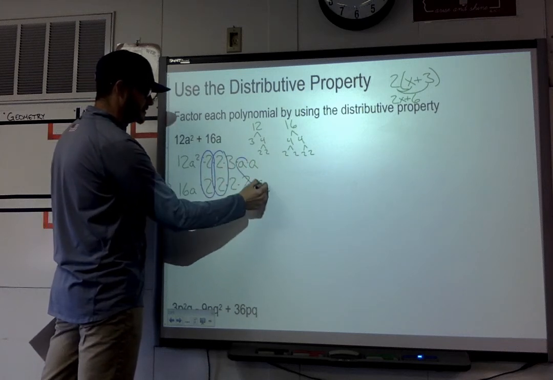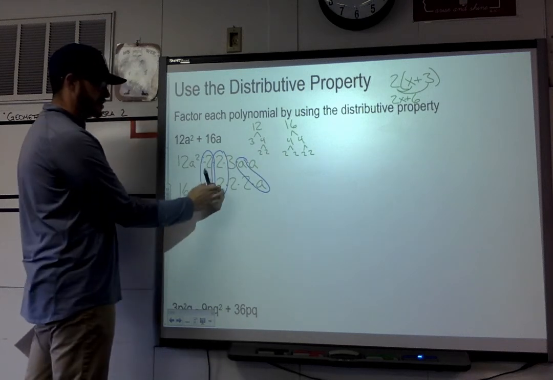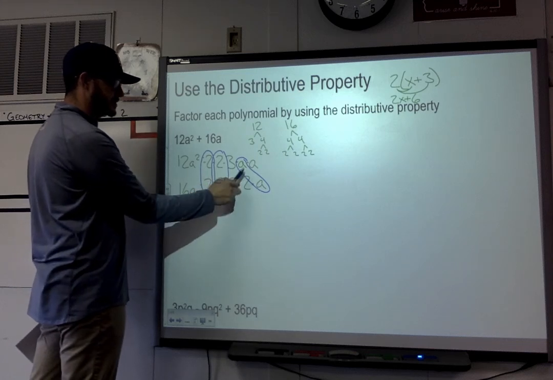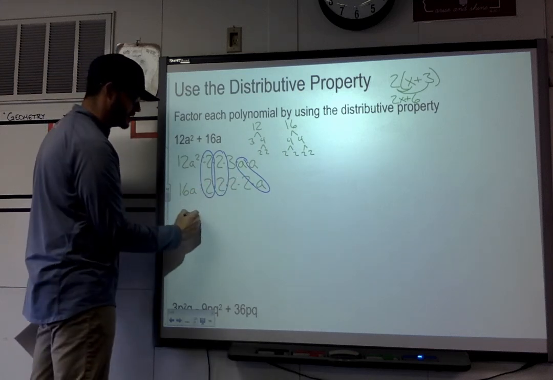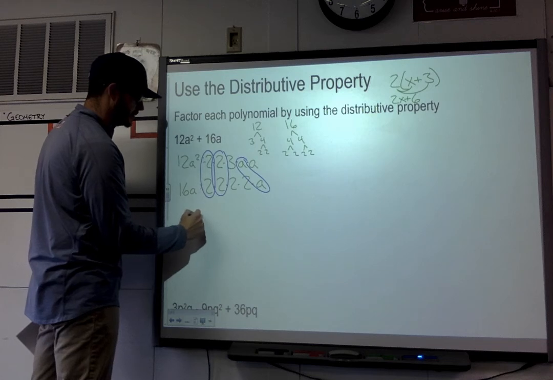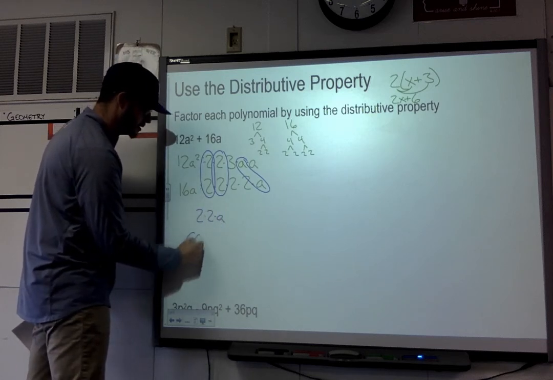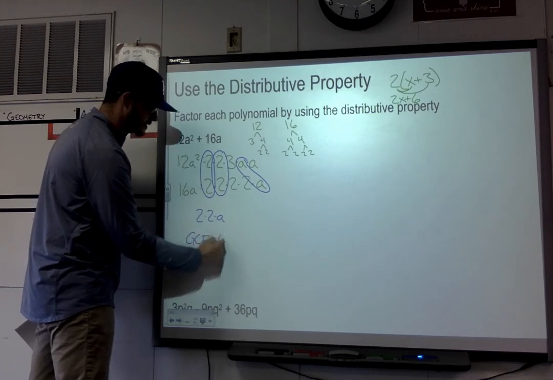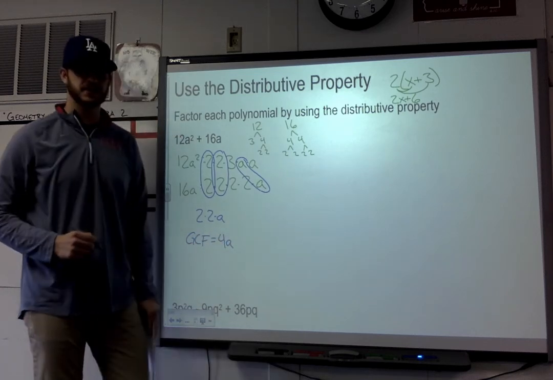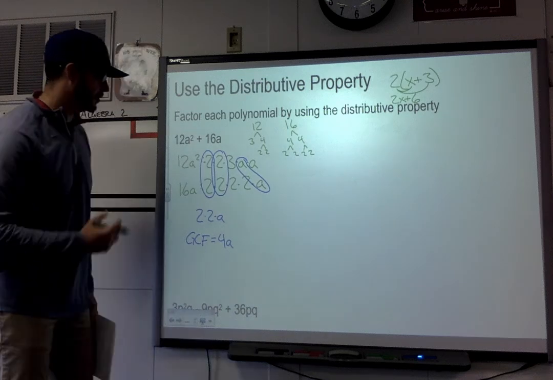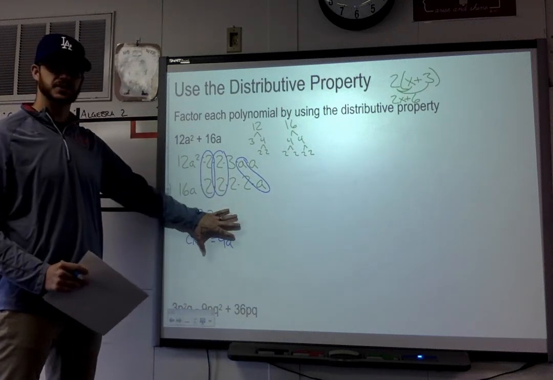In this case, they each have 2 sets of 2's and a set of a's that they share. So the greatest common factor would be 2 times 2 times a, which gives us a greatest common factor of 4a. That's what we did on Tuesday.